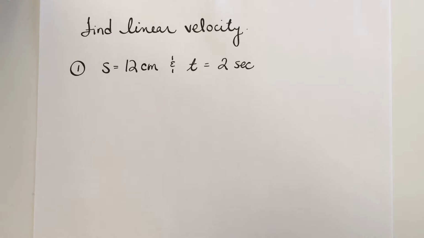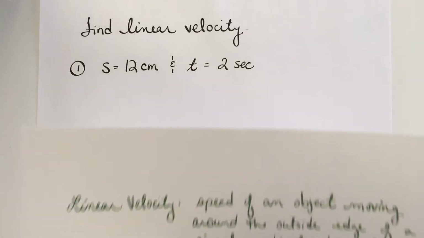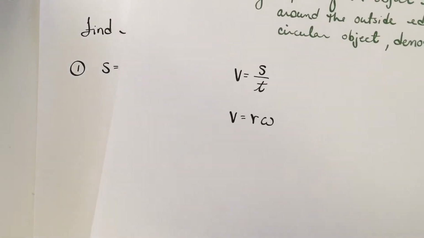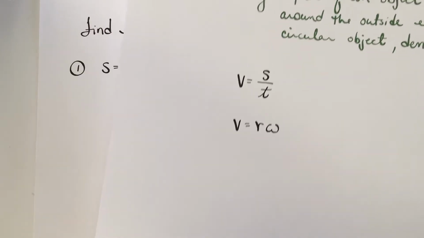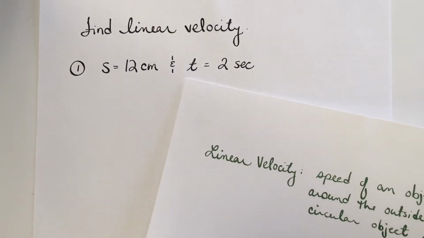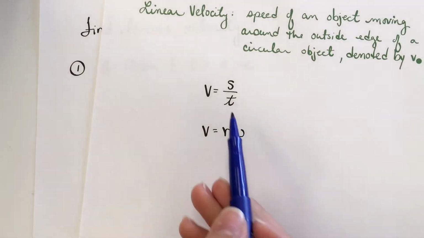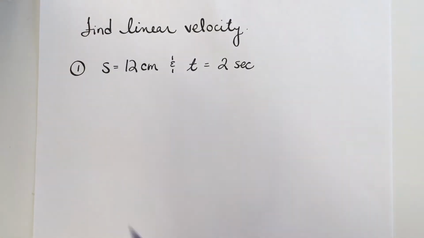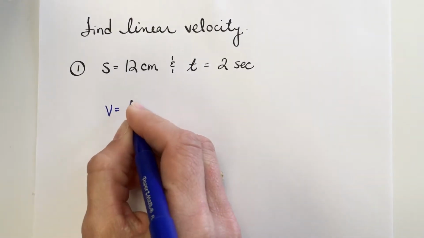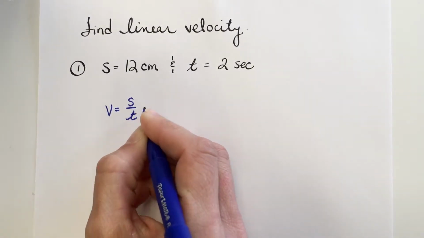You have a choice of these two formulas, s divided by t and r times omega, but since I've given you s and t, it makes sense to use s over t. So v is equal to s divided by t.